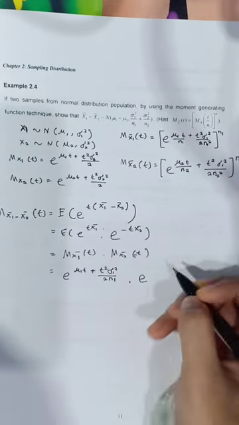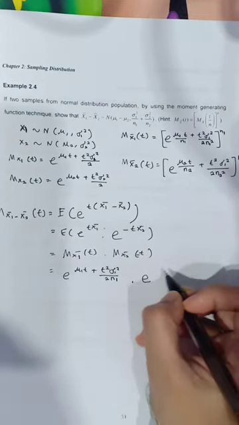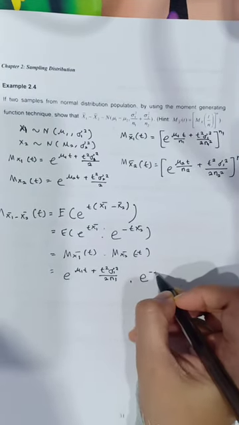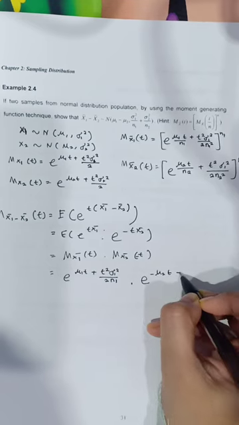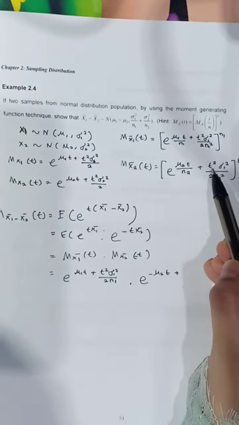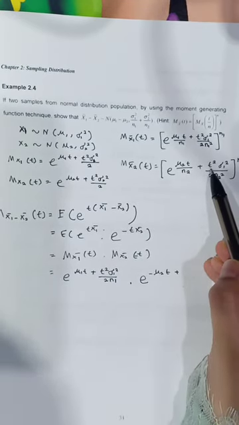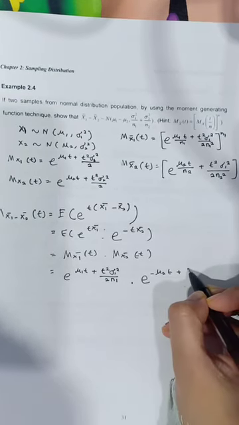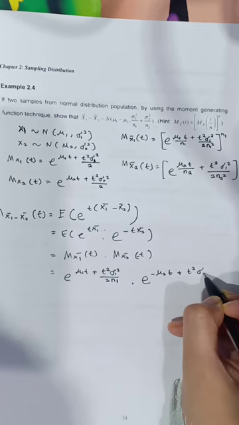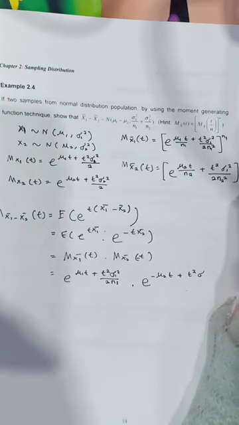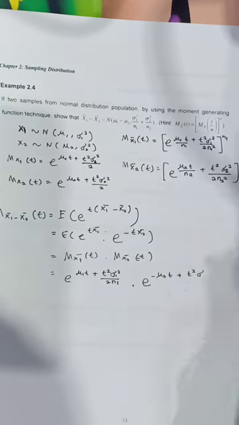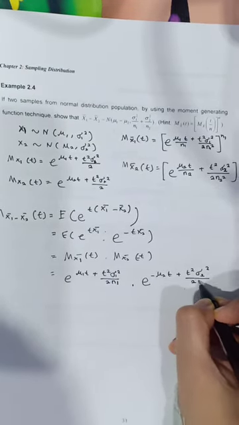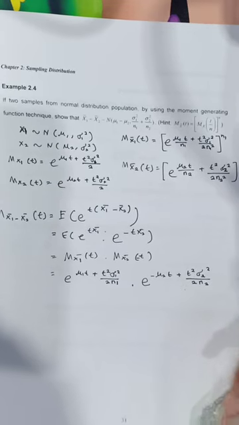So it will be e power of negative mu2 t plus t square, which stays positive, sigma 2 square divided by 2 n2.